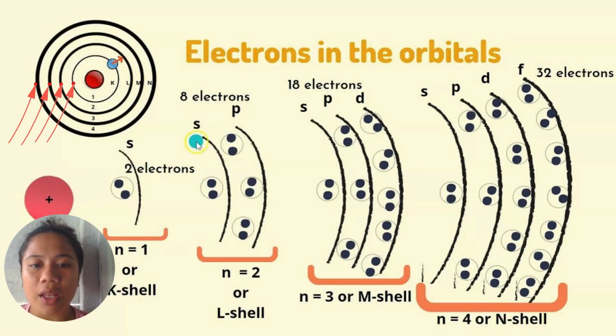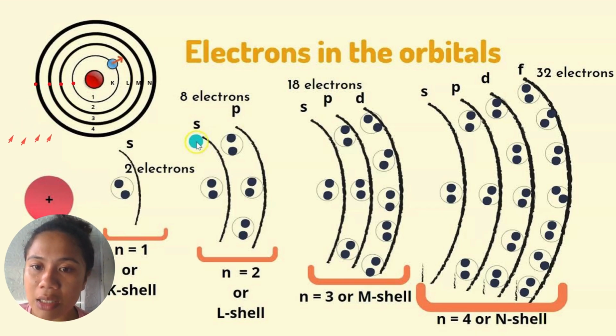So these are the electrons in the orbitals. As we can see, the circles are what we call the orbitals. As you can observe, the circles have different thickness. The first circle for the K orbital is a bit thin.